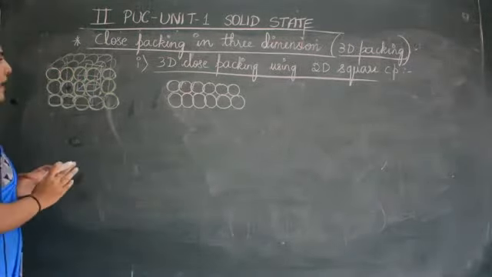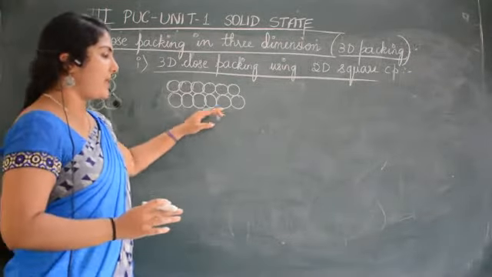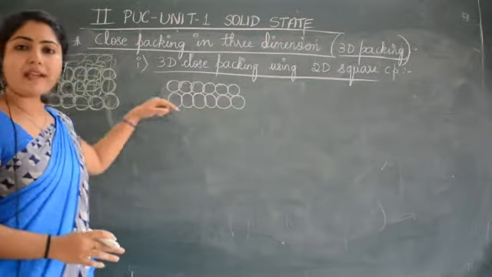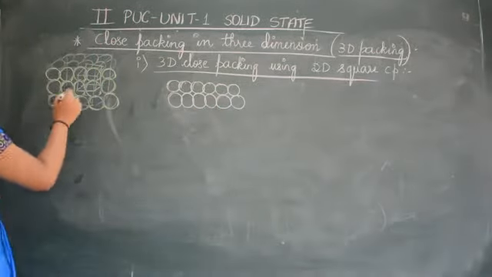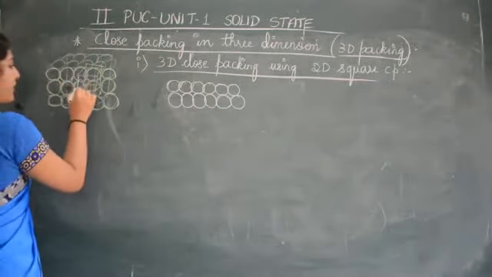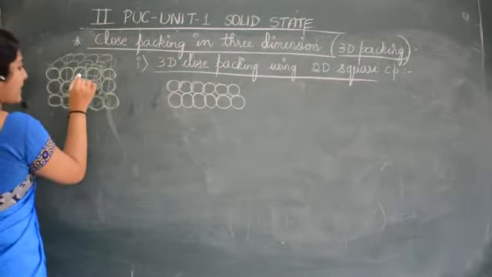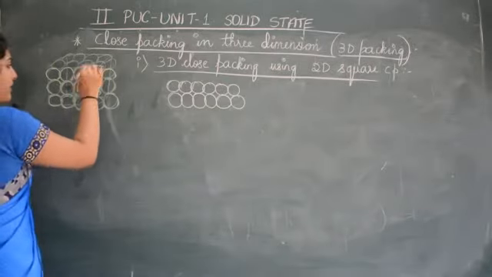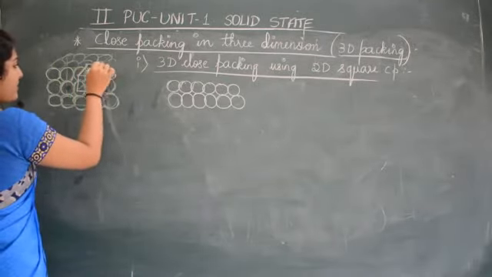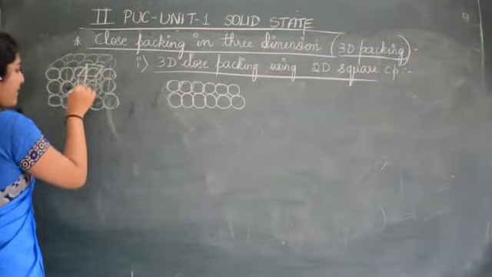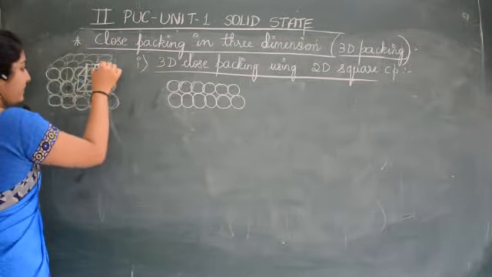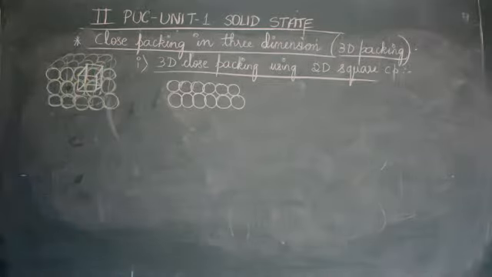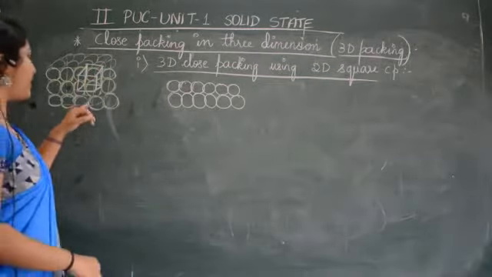Now what happens if it is arranged 3-dimensionally? If the 2-dimensional square close packing structure is arranged 3-dimensionally, the resulting one will be, see, I am joining the centers of the spheres here. If I join the spheres, you will get some structure similar to this. I had already drawn it here, so I'm just highlighting it to show you.